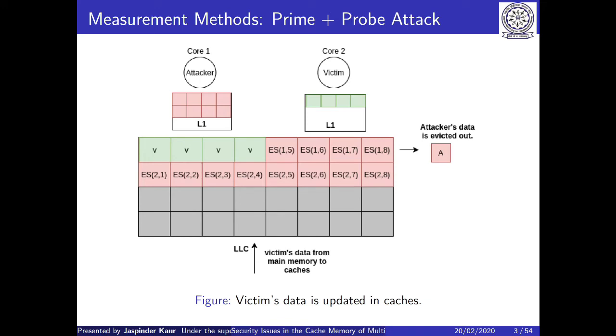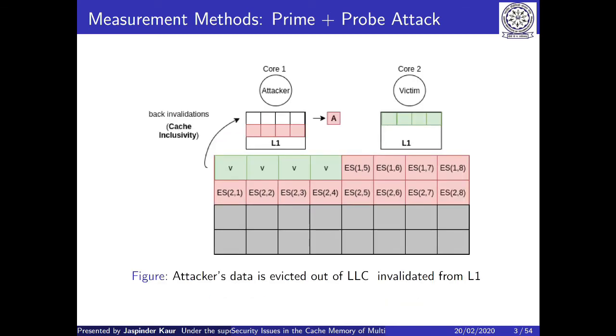That part I have explained in class: if we want to maintain the inclusive property, then if there is a block in L1, that block must be present in L2. So if I am removing some block from L2, then that block must be removed from L1 if it is in L1. So an invalidation message will be sent to L1, and the blocks will be removed from L1 also.